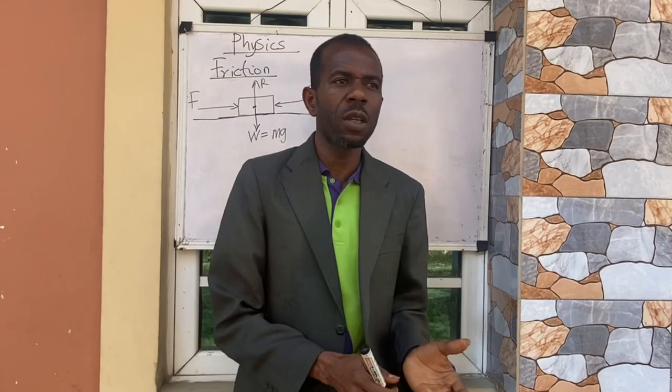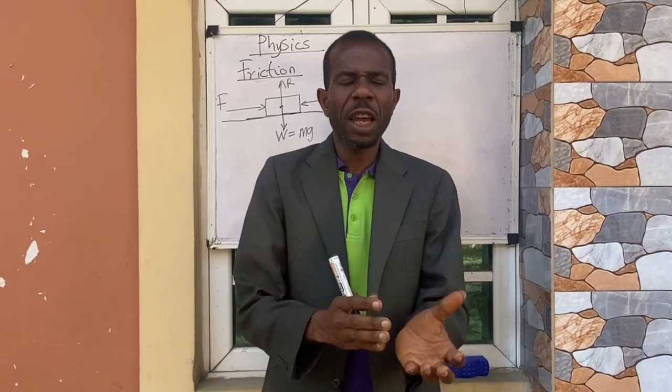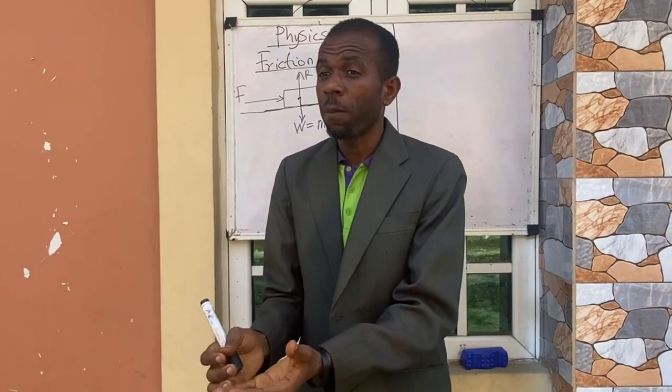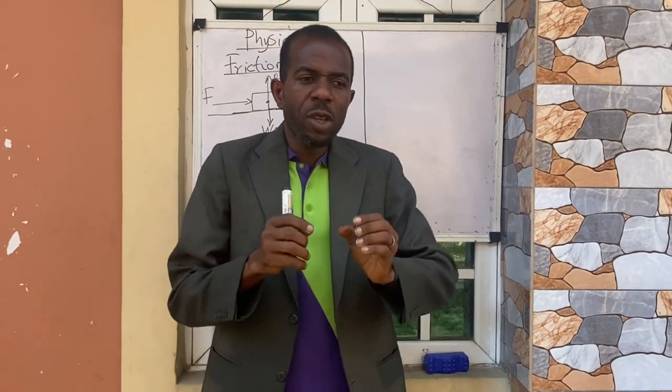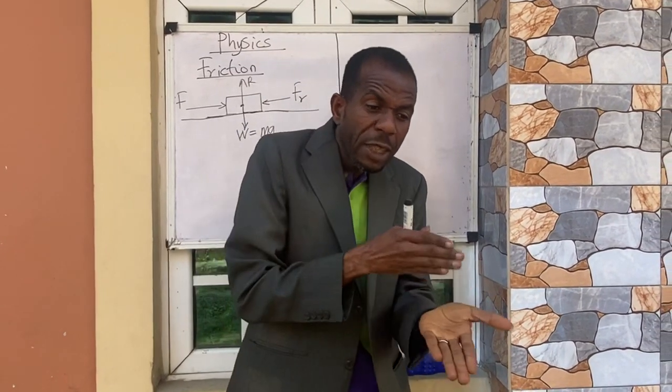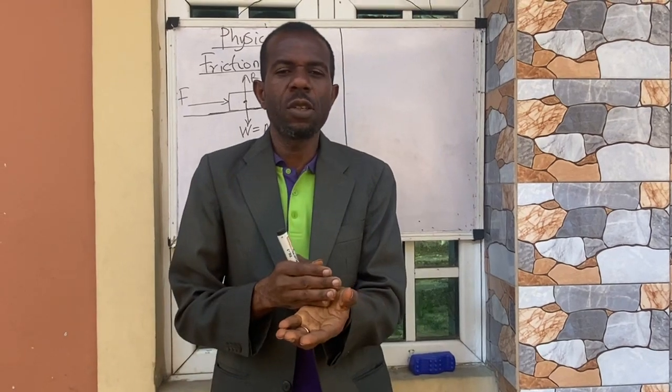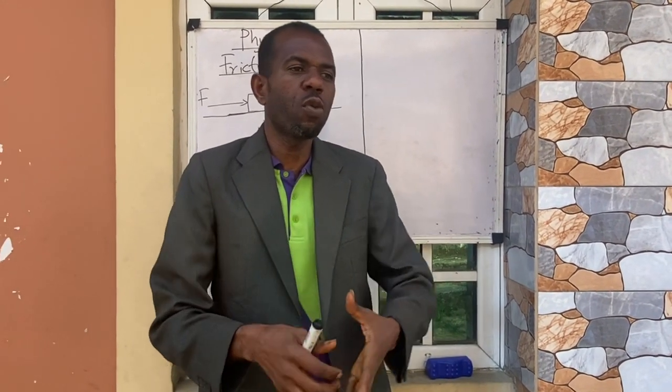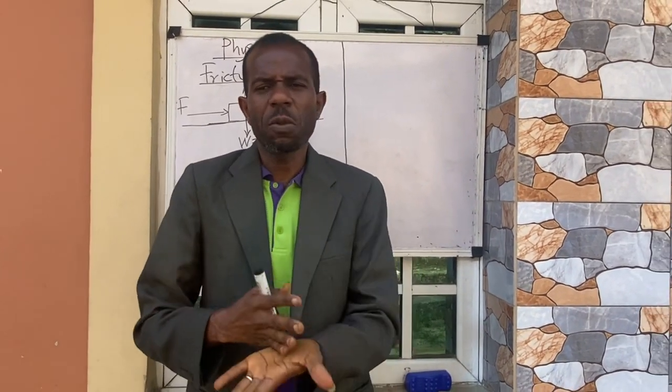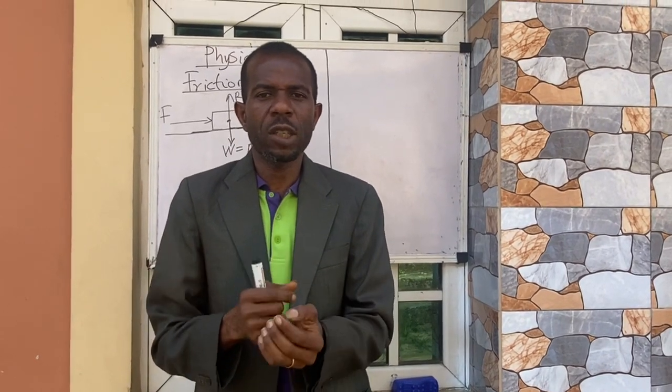In your house, when you are filing or sharpening a cutlass or using a file, without friction, the knife cannot be sharpened. So it is the friction that helps to sharpen the objects that we are sharpening.